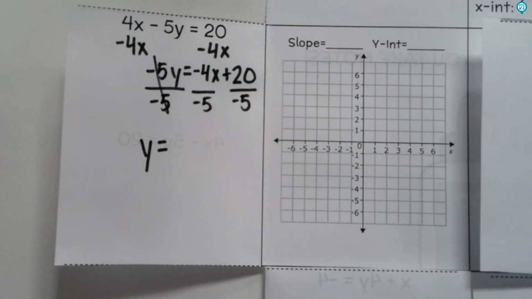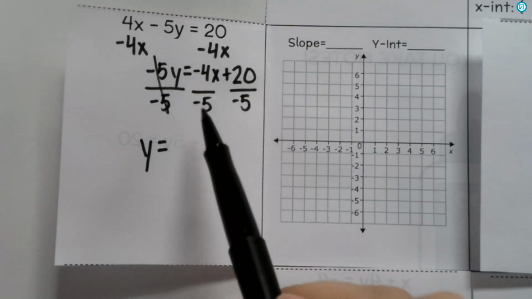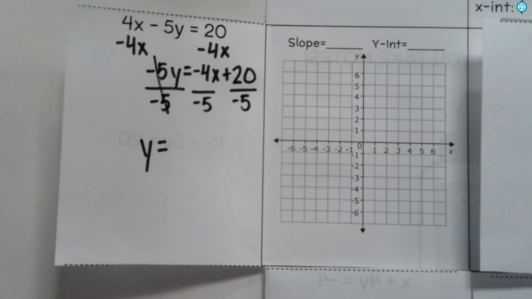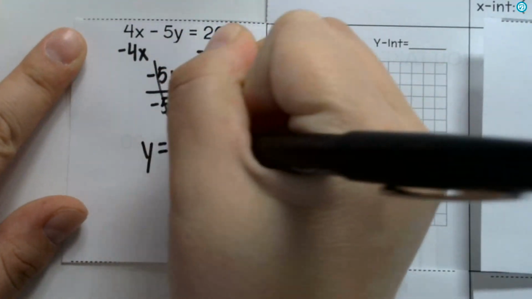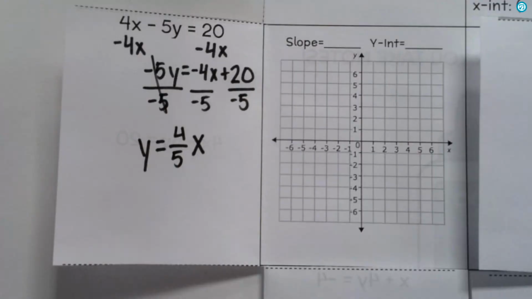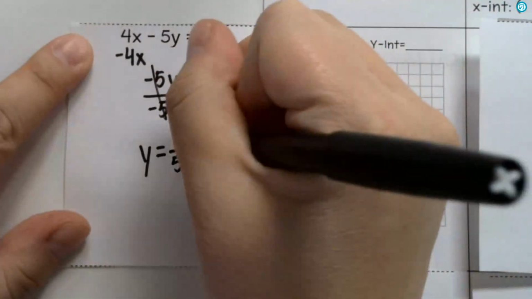And then we have to do some simplification. So right here, negative 4 over negative 5. A negative divided by a negative becomes positive. So instead of negative 4 over negative 5, we're going to make that just positive 4 over 5. And we still have our x. And then 20 divided by negative 5 is negative 4.